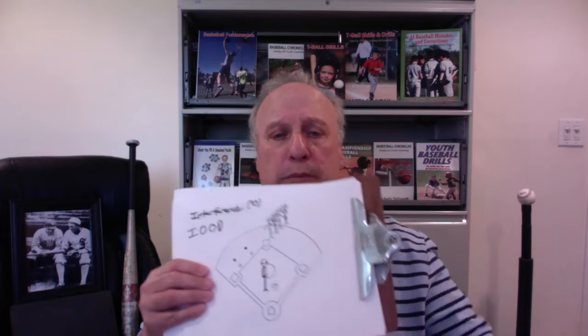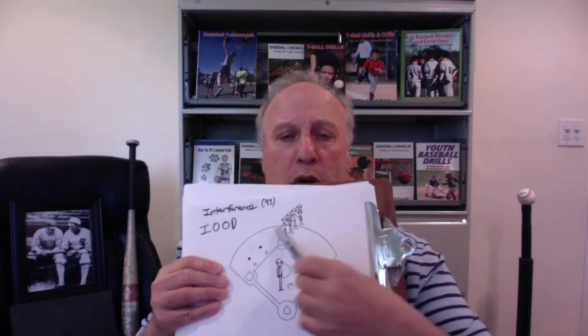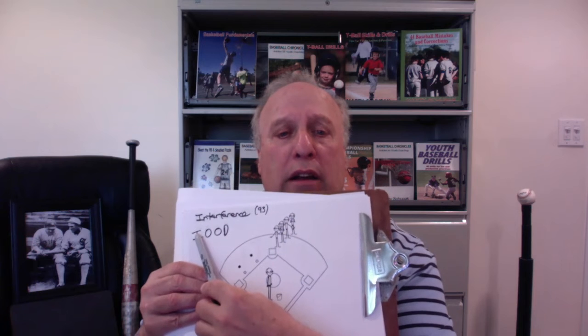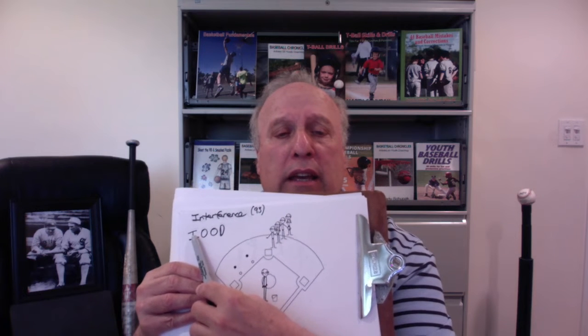On the flip side, obstruction is called on the defensive team if they're making an impact on an offensive player or players. An easy way to remember this is if you see the word IOD, okay?